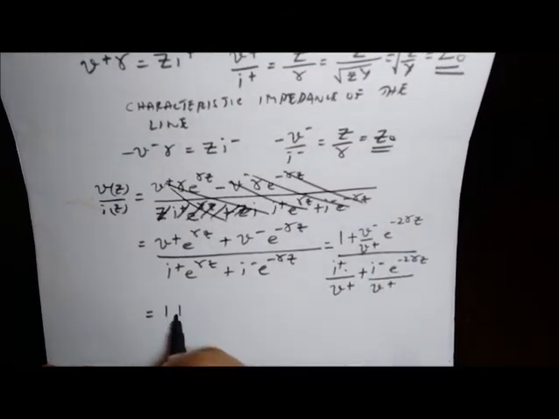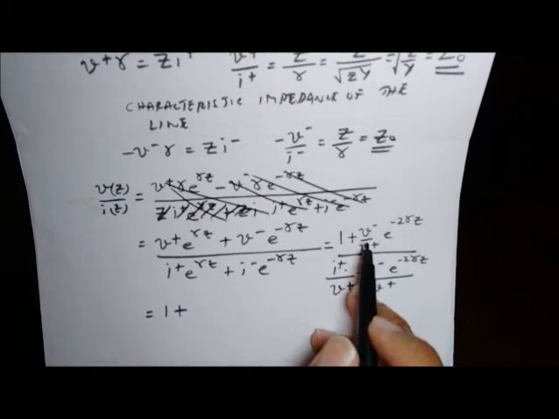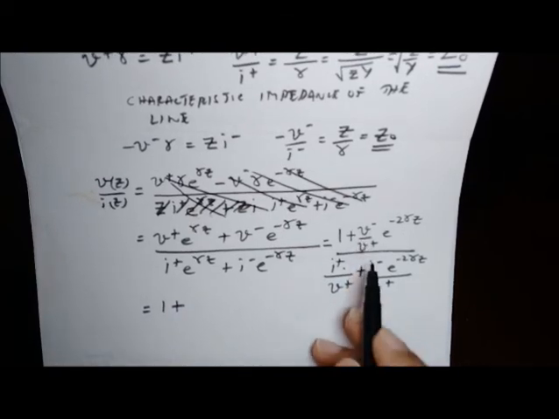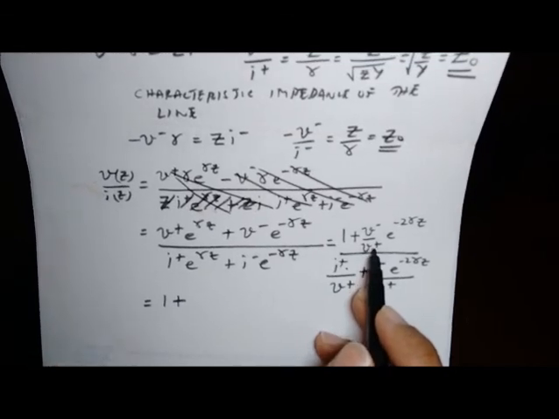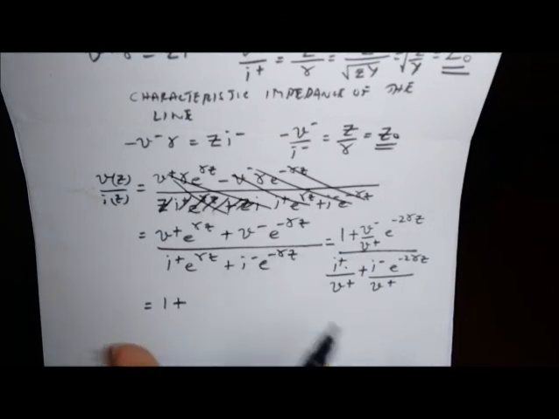So I write this now as 1 plus V minus by V plus. V minus is the amplitude of the reflected voltage, and V plus is the amplitude of the forward propagating voltage. V plus is the magnitude of the voltage from source to load, and V minus is from load to source.